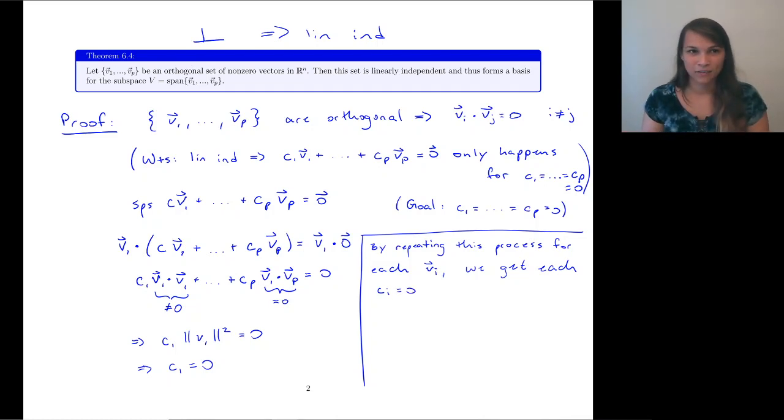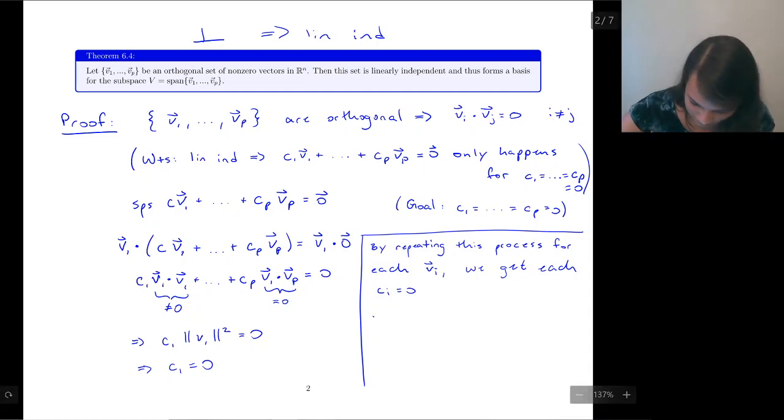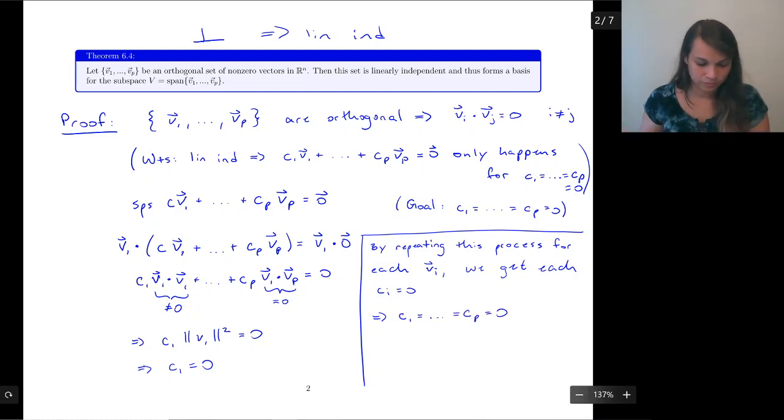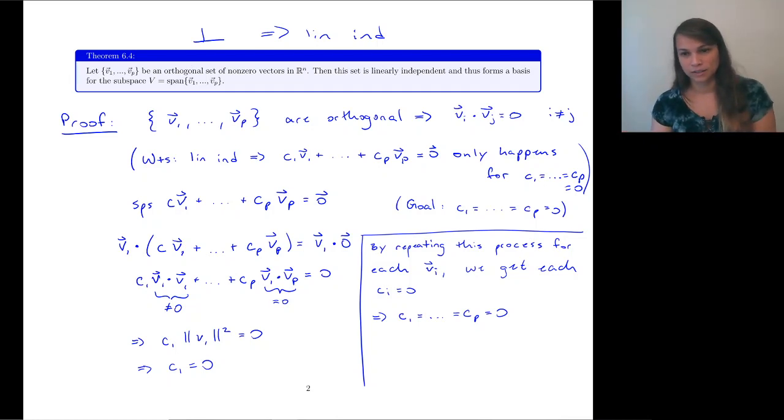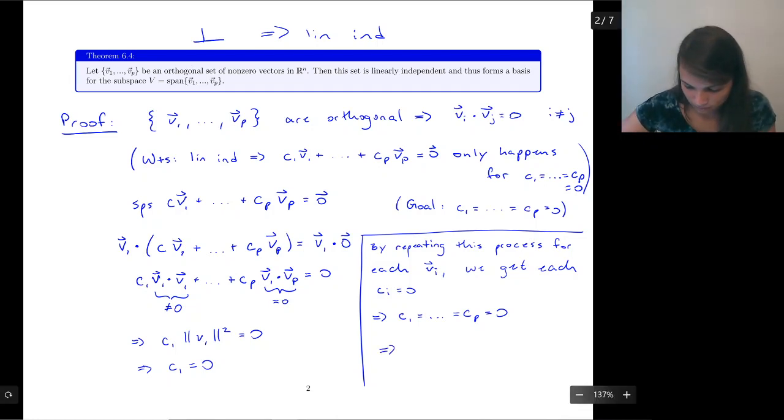So now we have all of them equal to 0: c1 is equal to cp, which is equal to 0. And then what does it mean to have coefficients that are equal to 0? It means we have linear independence, just like we wanted.